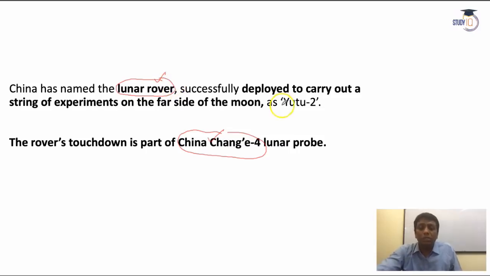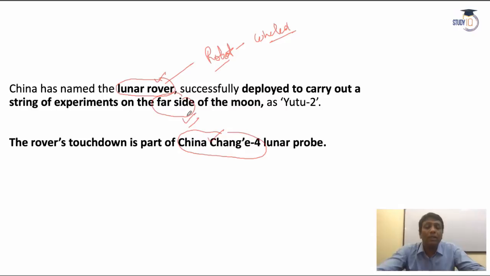A rover is a kind of robot with wheels, through which it can move on the surface. It will be an experiment on the far side of the moon, which people on Earth never see. Let us see when it touches down on the surface and what the new results are.